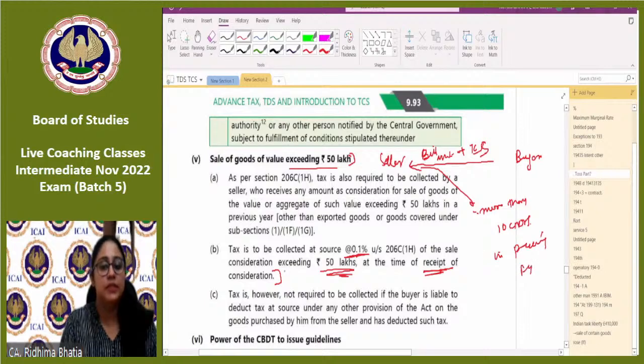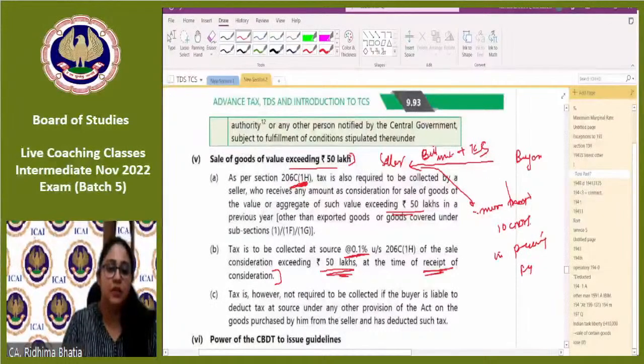Now, since the TCS rate is 0.1% of the consideration exceeding 50 lakhs, this section gets triggered when the sale is of more than 50 lakhs. When the sale is of more than 50 lakhs, then section 206C subsection 1H would get triggered to collect TCS, at the rate of 0.1% of all the consideration exceeding 50 lakhs.